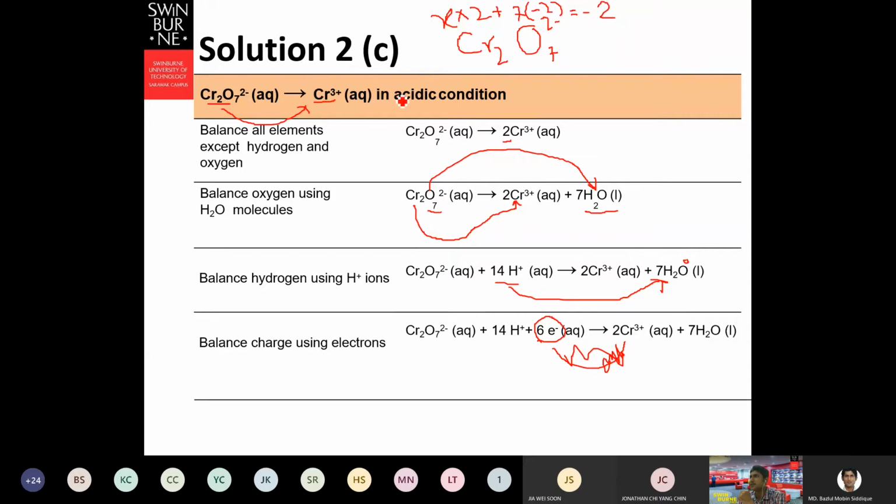In this case, if we solve this X, it is going to be 6. And we had started with 6. From there, chromium was positive 6 in this case, and it is becoming positive 3.